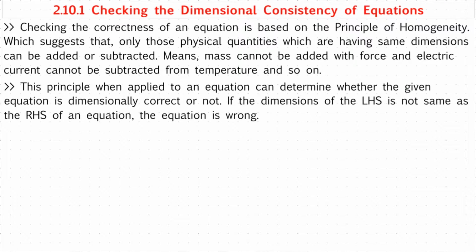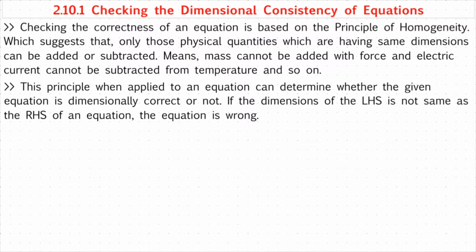The principle of homogeneity, when applied to an equation, can determine whether the given equation is dimensionally correct or not. If the dimensions of the left side are not the same as the right side of an equation, then this equation is definitely wrong.